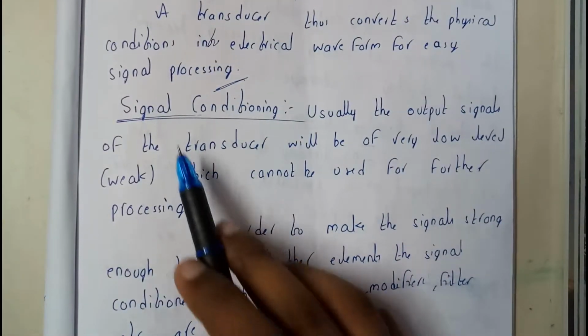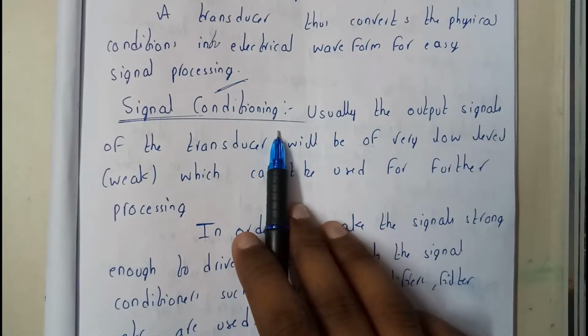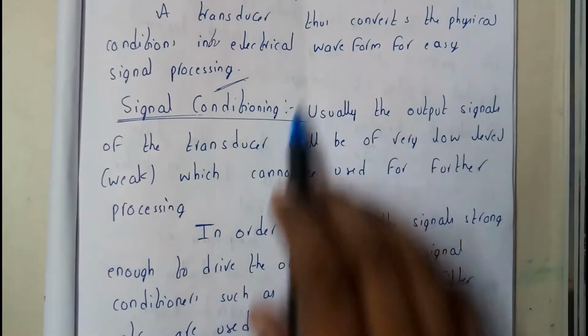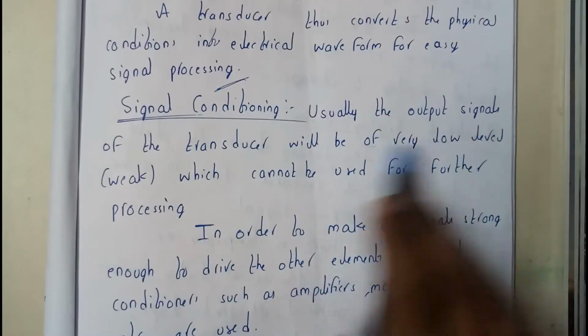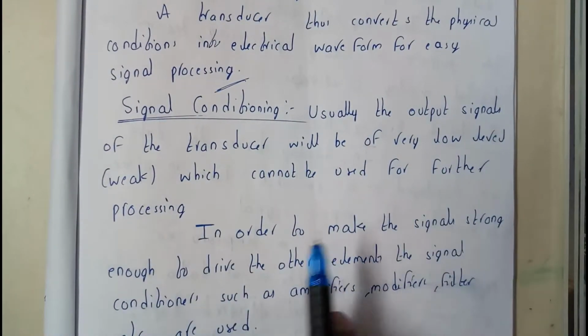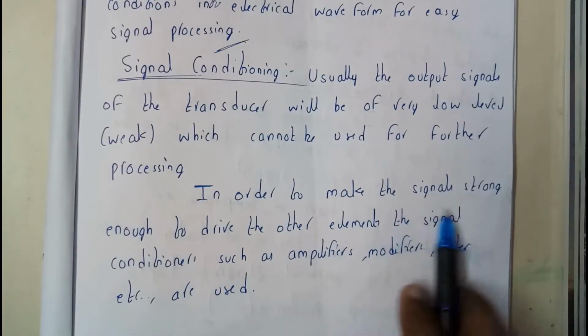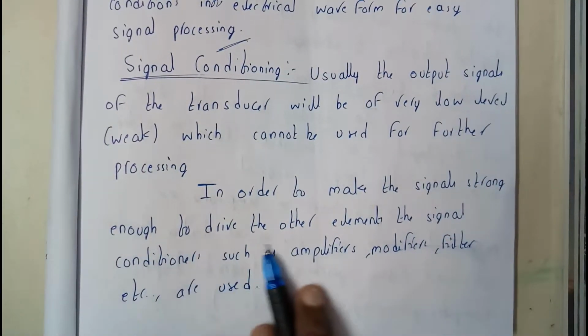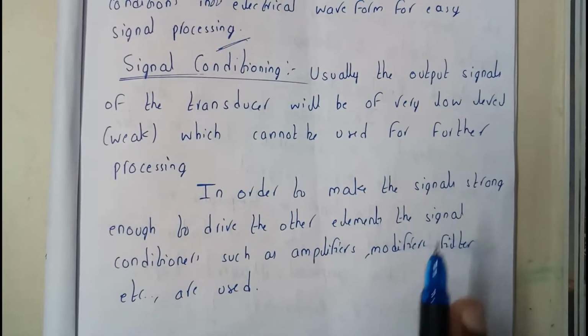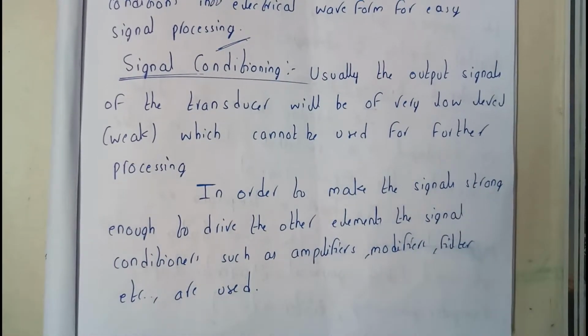Now let us go through signal conditioning. I have told you that usually the output signal of the transducer will be of very low level, that is weak, which cannot be used for further processing or further use. So in order to make the signal strong enough to drive the other elements, the signal should be amplified, modified, and filtered, and many processes will be done in this signal conditioning, guys.